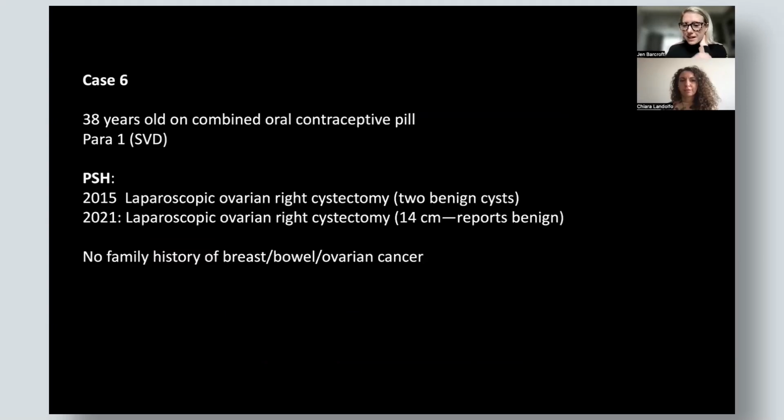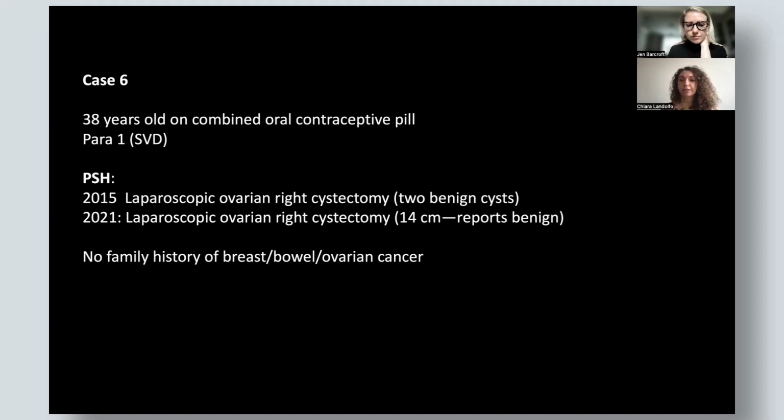So on to the final case. Ready for the last one. A 38-year-old lady on combined oral contraceptive pill. In her personal history, she had 2 surgeries for benign cyst in the right ovary.